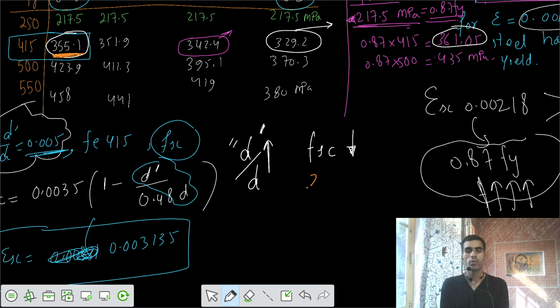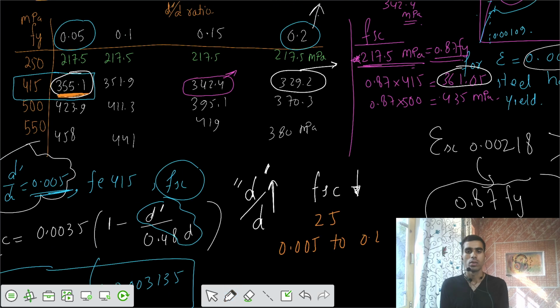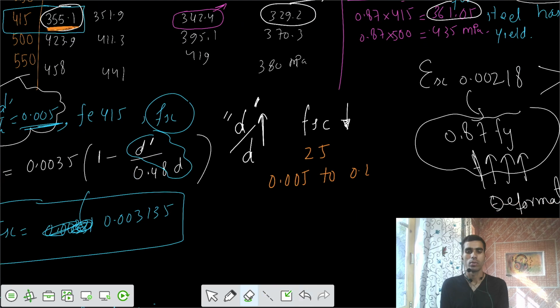A difference of 25 is there only for the strain range of 0.005 to 0.05.